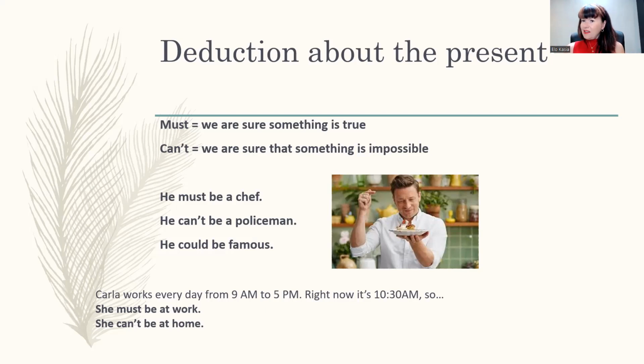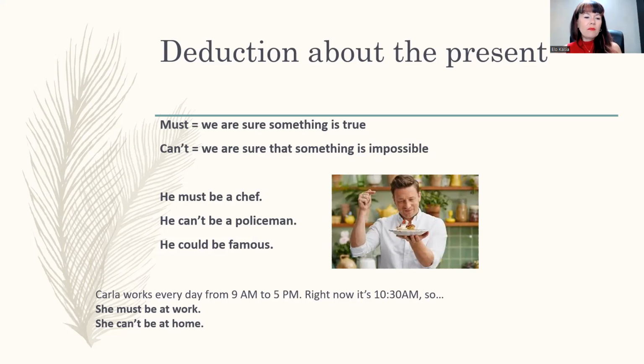So you say, he can't be a policeman. And then you say, he could be famous. So you say, oh, maybe he's famous. So you use could if you are 50% or maybe slightly more or slightly less certain about something. So he must be a chef. He can't be a policeman. He could be famous.